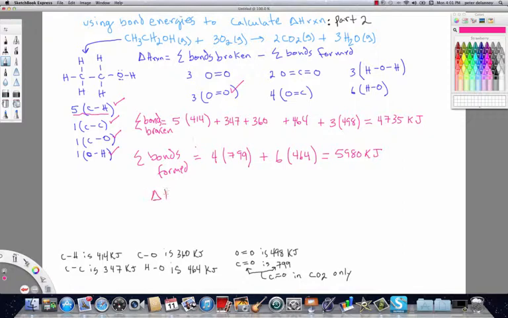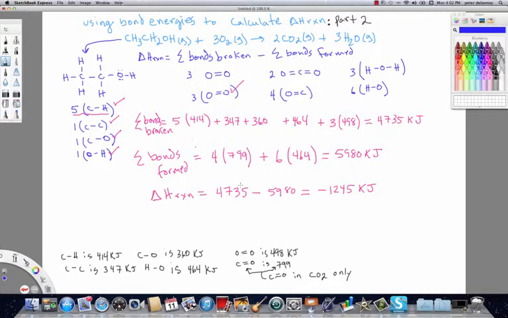So the delta H of my reaction is going to be equal to the bonds broken, 4,735, minus the bonds formed, 5,980. All right, and this is going to equal a negative 1,245 kilojoules. So this is an exothermic reaction.